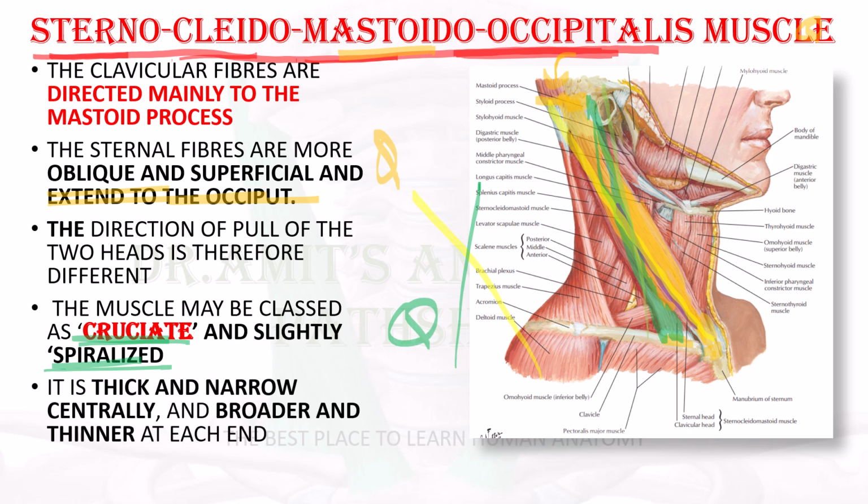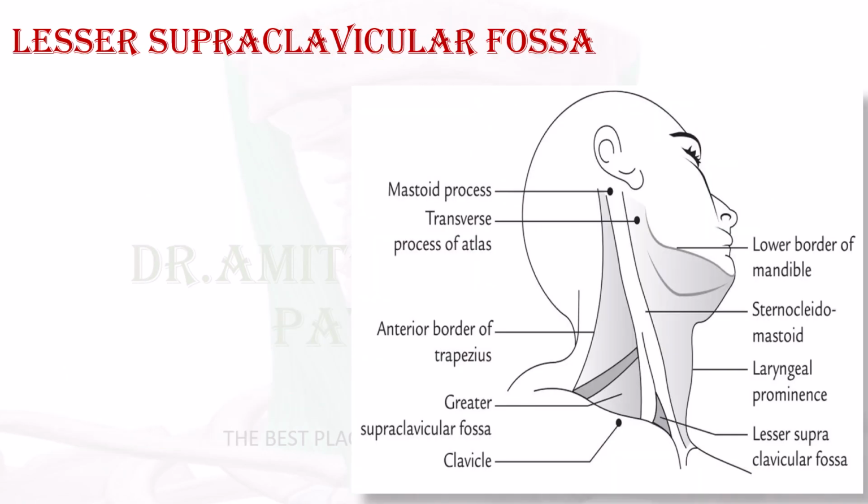Now the whole muscle belly is thick and narrow in the center and broad and thin on each side. Lesser supraclavicular fossa. So we said sternocleidomastoid. This is the sternal head and this one is the clavicular head.